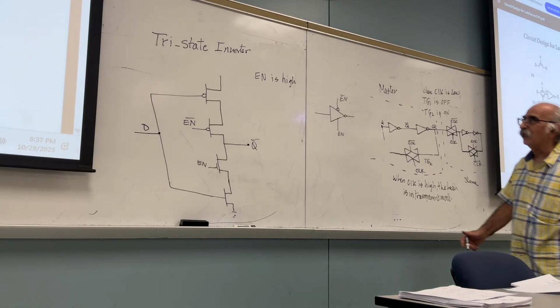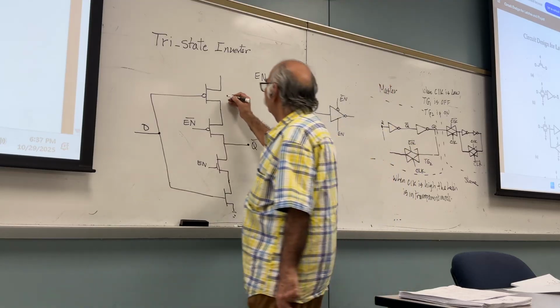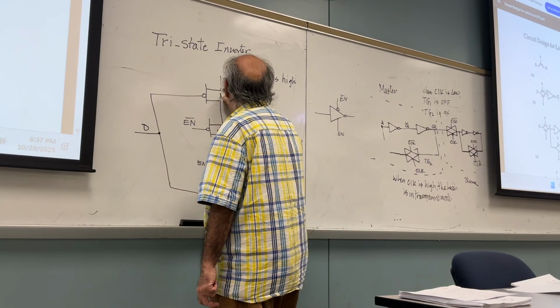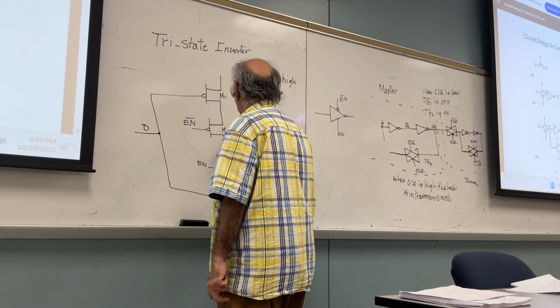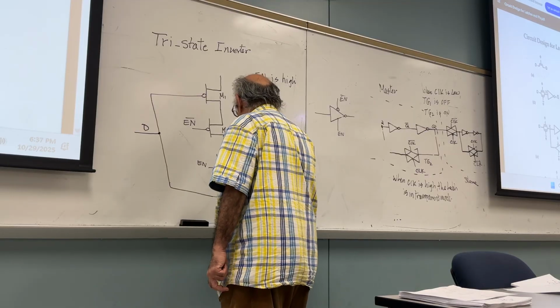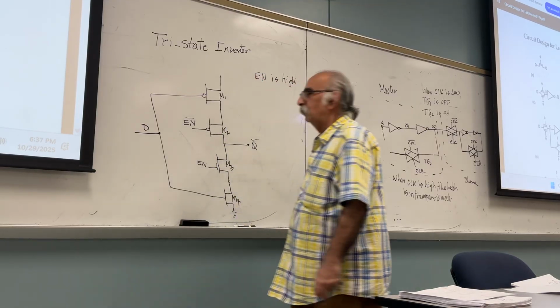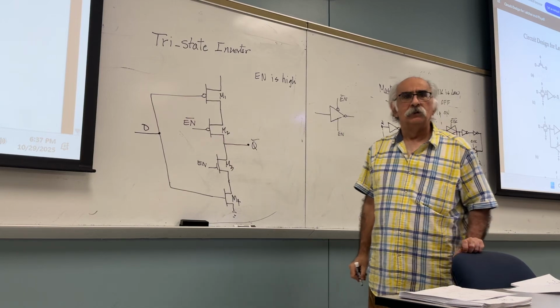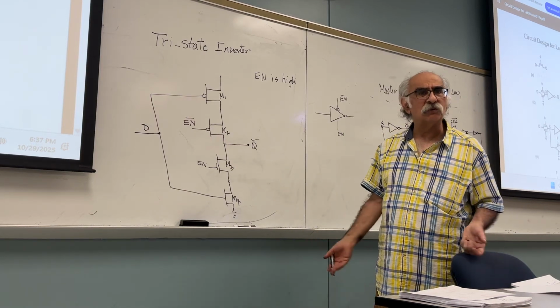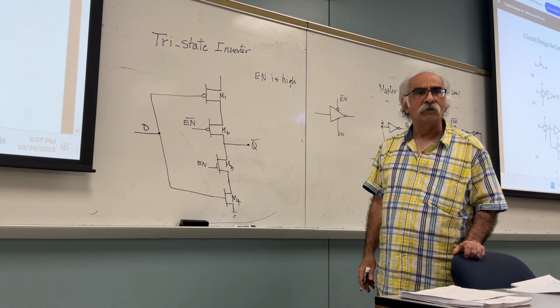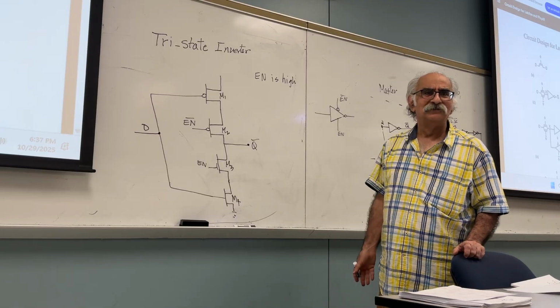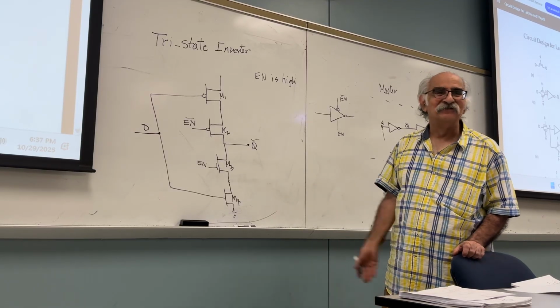Okay. So one more time. Let's name them M1, M2, M3, M4. Just a quick question. What does M stand for? Transistor, it's just terminology. No, the MOS. MOSFET. Okay, thank you.